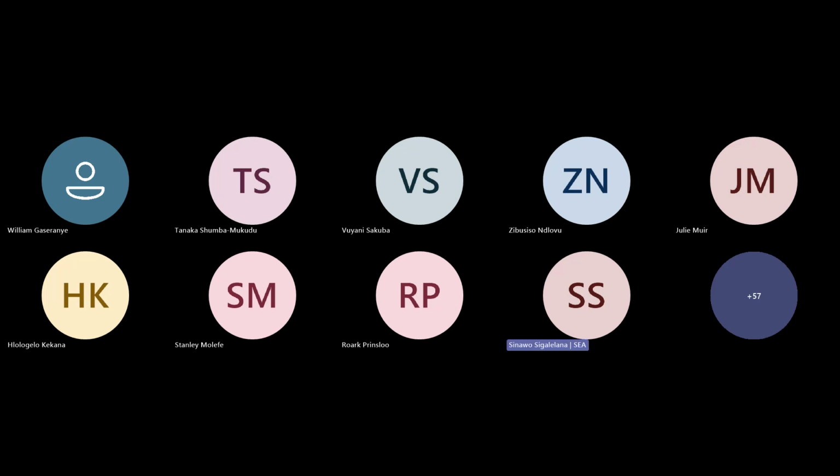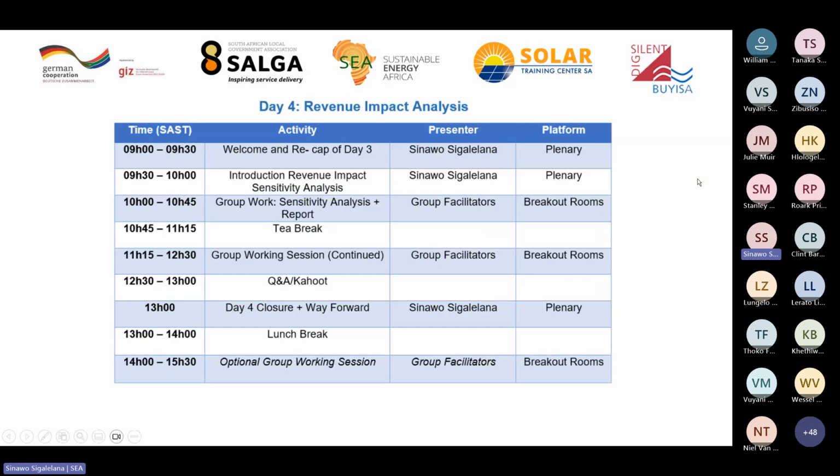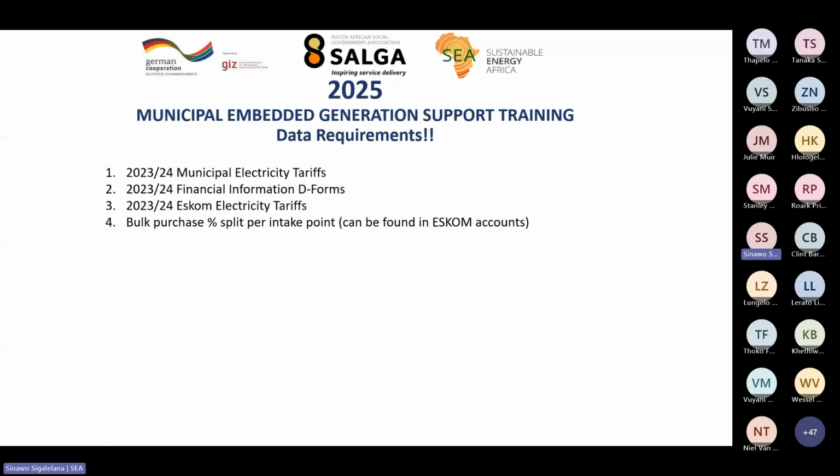The main purpose of this data requirements check session is firstly to allocate ourselves into our respective groups, where we will be doing the relevant modeling for the remainder of the week. So we are going to do it in group work.